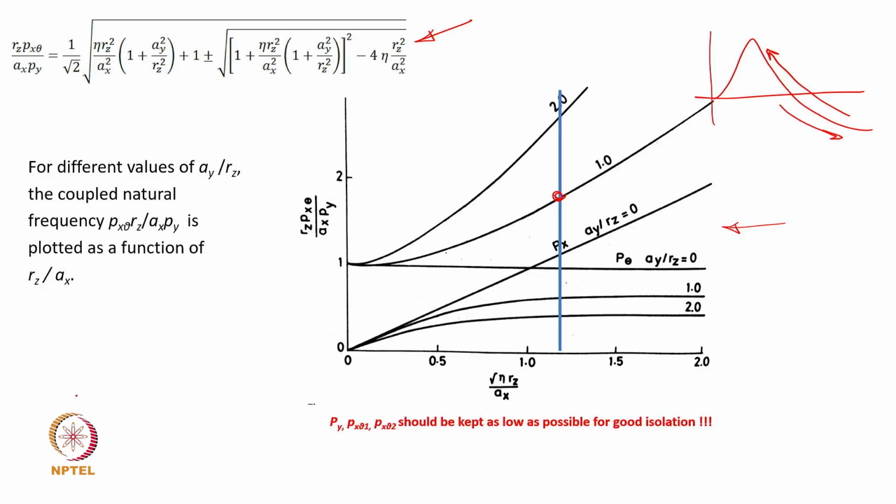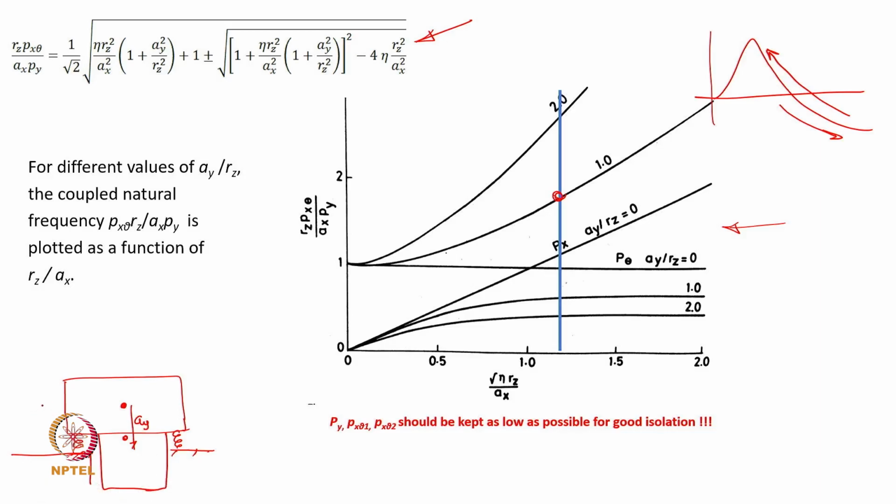So as I was discussing, this huge machinery, you won't find it supported like this. Good design would not support it here, but if they at all support it here, they would put some mass and ensure that this G, which originally was here, would be shifted down, so that the amount of a_y is reduced.